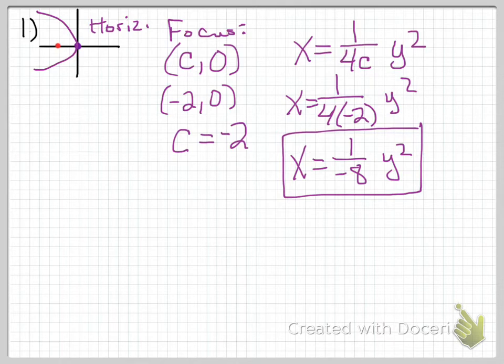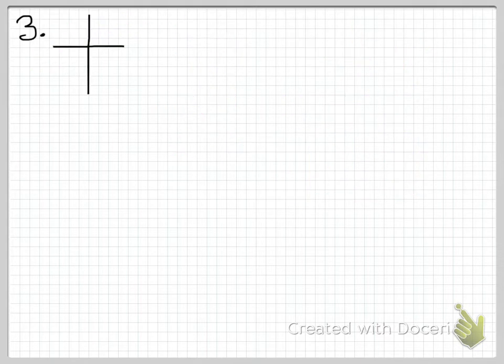Let's go take a look at, I think we're doing number 3 next. All right, number 3. We've got a vertex at the origin. And then we have a focus at 0, -3.